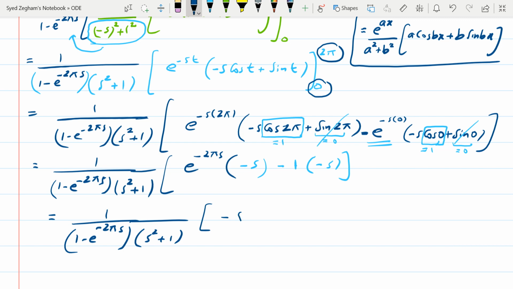This gives me minus s e to the power minus 2 pi s, and this minus 1 times minus s will become plus s. So this is the Laplace transform of this periodic function.